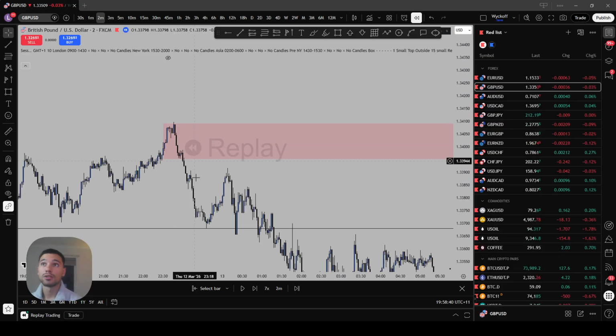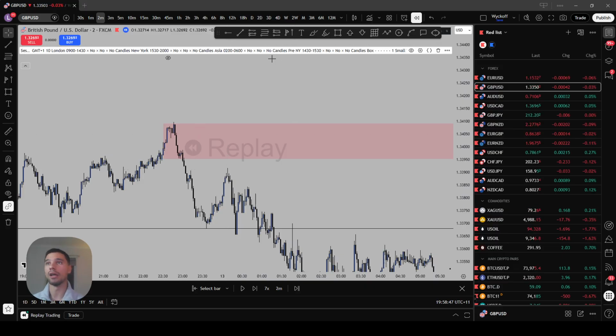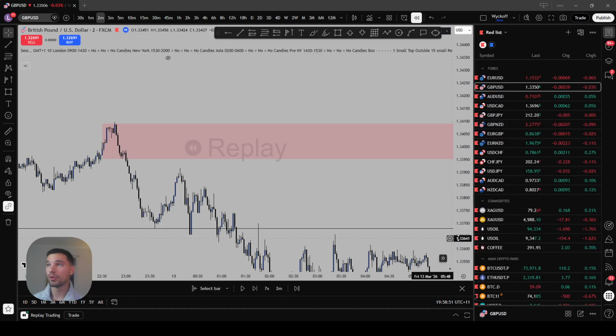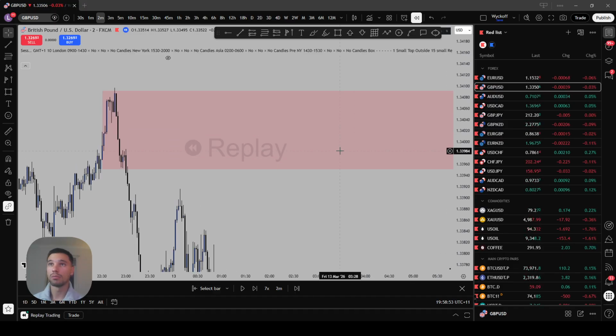Even this 2-minute, you can see just been mitigated, so it's not going to be a strong supply POI. You can have it charted up, but it just won't be that strong when you've got an inside bar candle here making this overlapping structure invalid.